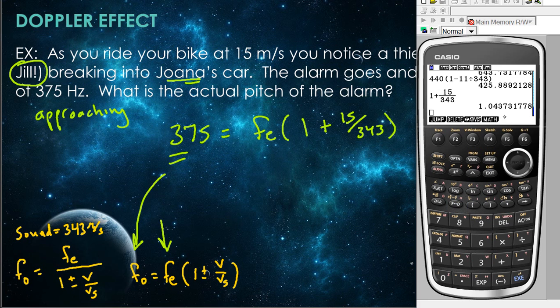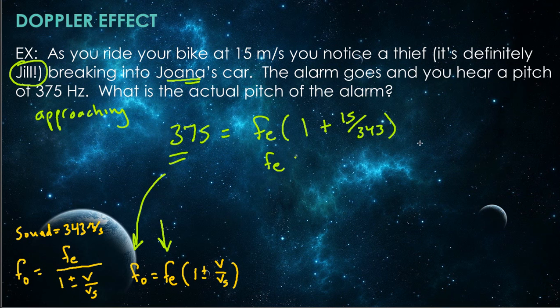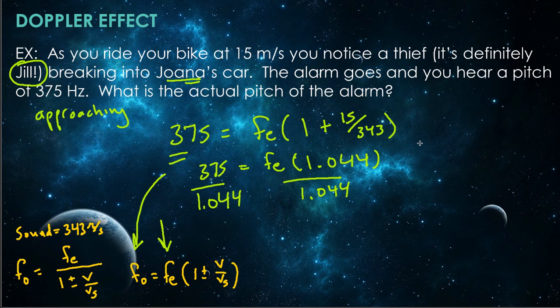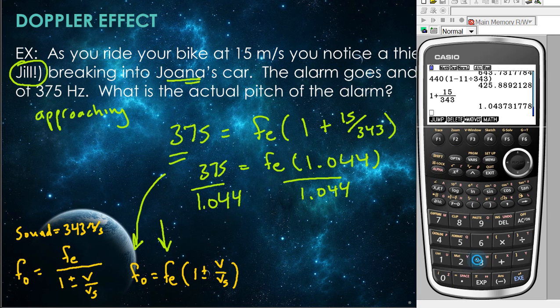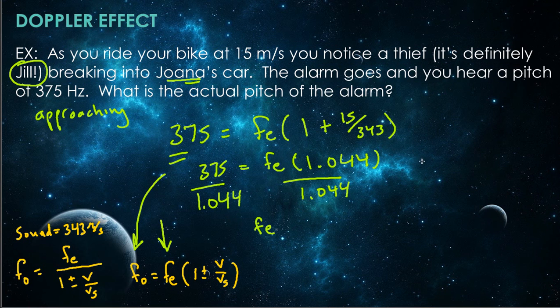So we get 1.044. Now we're going to divide by the 1.044. So 375 divided by 1.044. And we get 359. And that's what we would expect. If we're approaching, it should be getting louder.